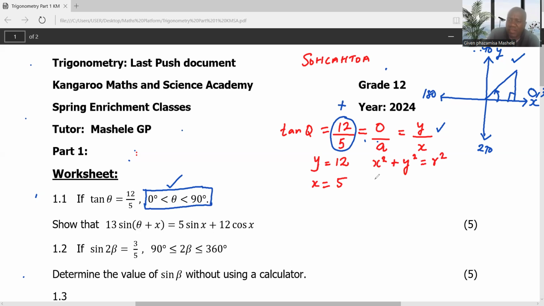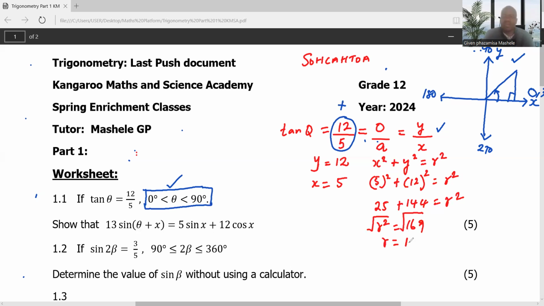So the x is 5 squared, the y is 12 squared, equals r squared. This gives us 25 plus 144 equals r squared. So r squared will be 169. Then r is always positive, so we put the root sign without plus and minus. So r will be 13. So we know the value of r here, it's 13.